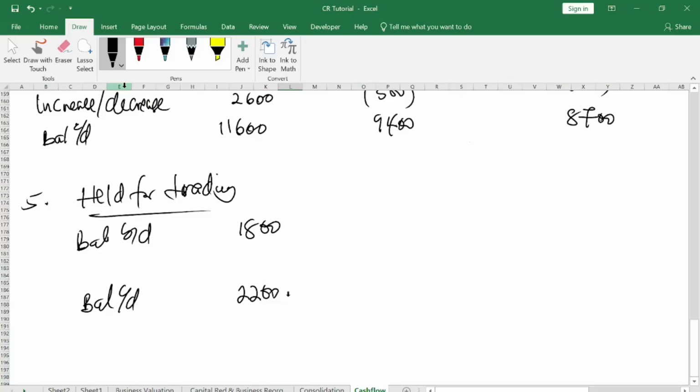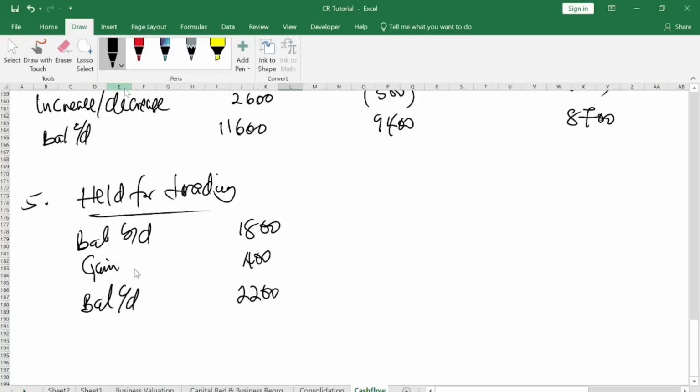It is not a core business activity, so we need not add it back. We have to take it out. We subtract. Which figure are we going to subtract? The 400, the difference.